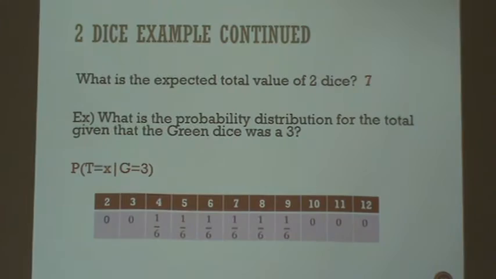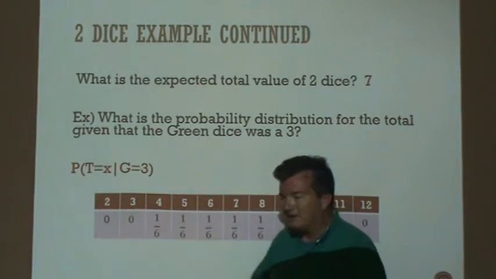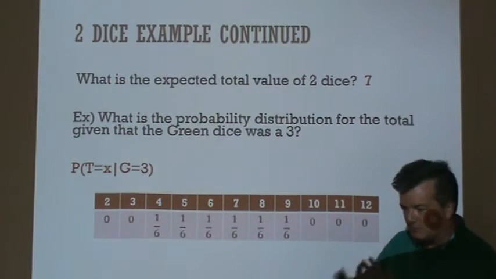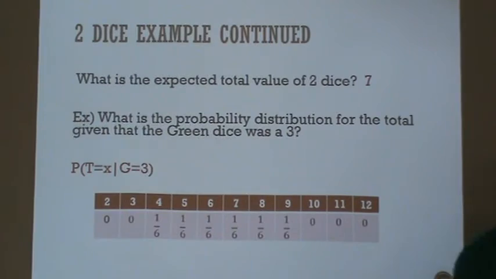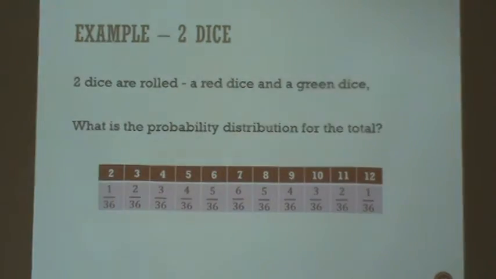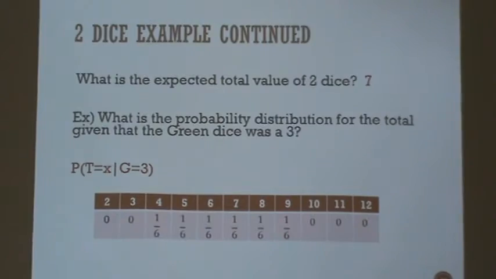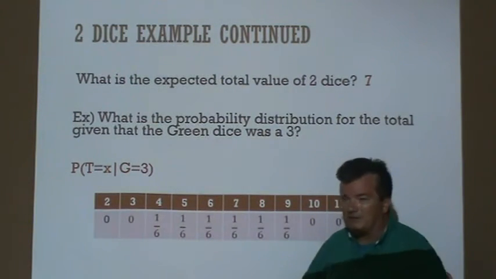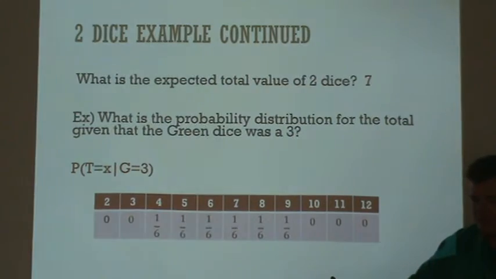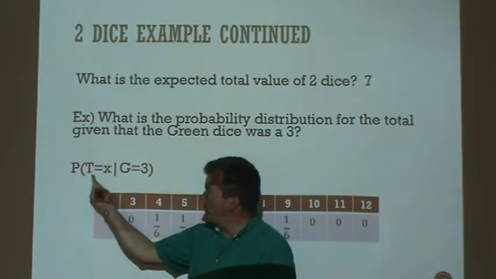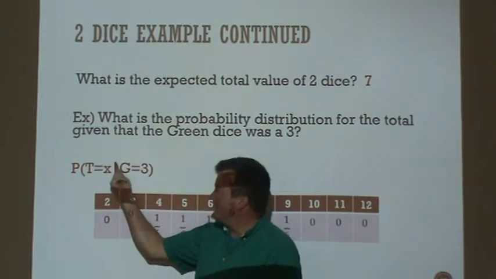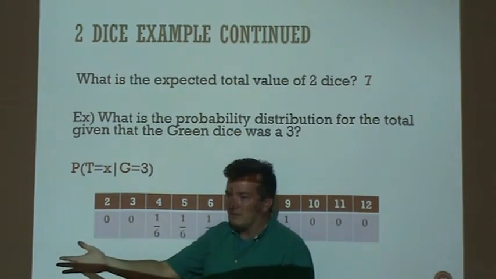Okay, so you're being asked the question, you have a red dice and a green dice, and you're rolling them, and you're saying, what's the probability distribution for the outcome? So if you don't know anything about either outcome, it's this, right, what we talked about before. But if I now tell you, well, the green dice came out a 3, I don't know what the red dice is, but the green dice came out a 3, then I'm really asking you, what is the probability distribution for the total, given that the green one is a 3?